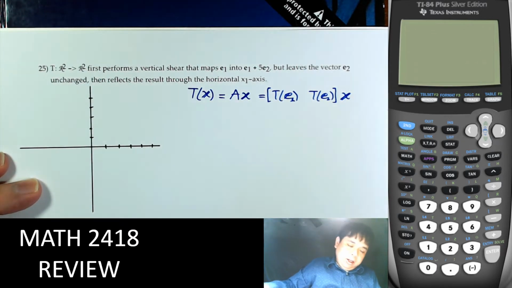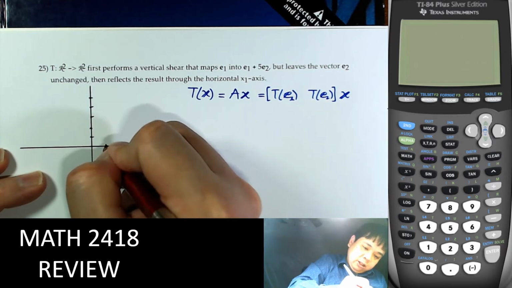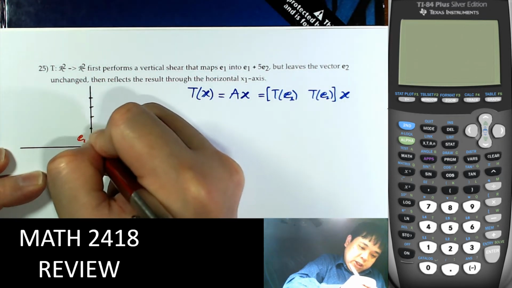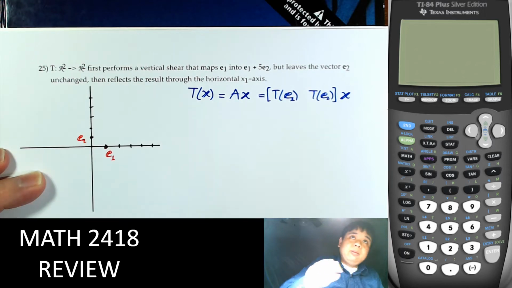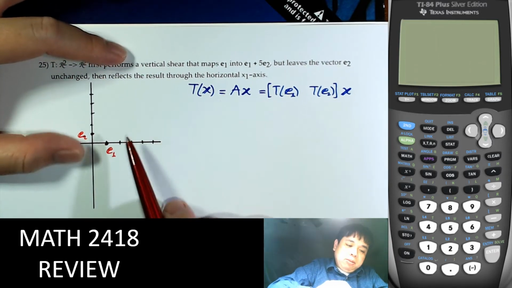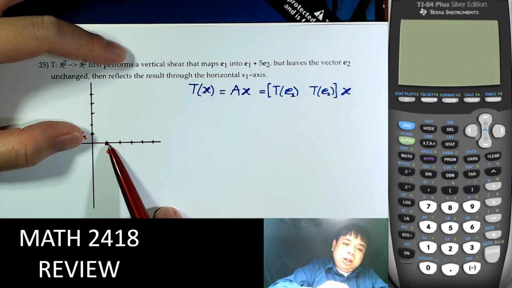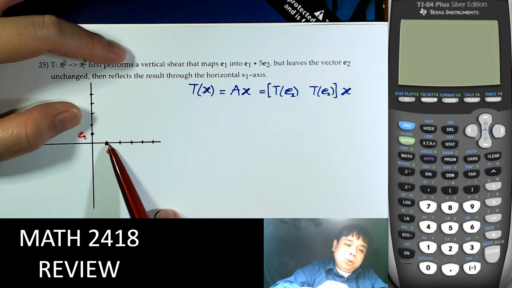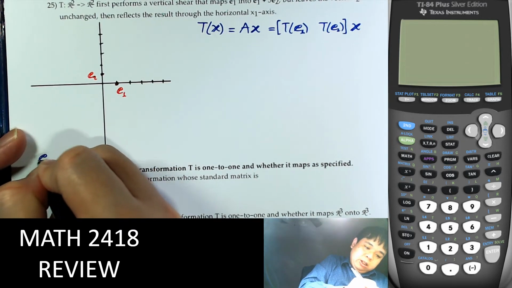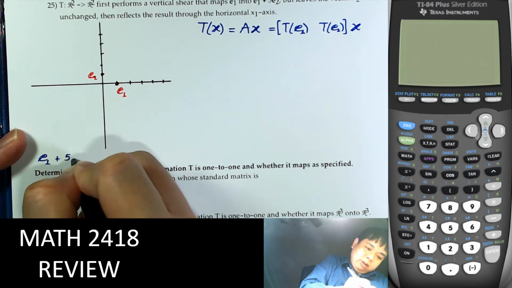Right, so first E1 is this, and E2 is this point. Now the first transformation maps E1 into E1 plus 5E2. So what is E1 plus 5E2?